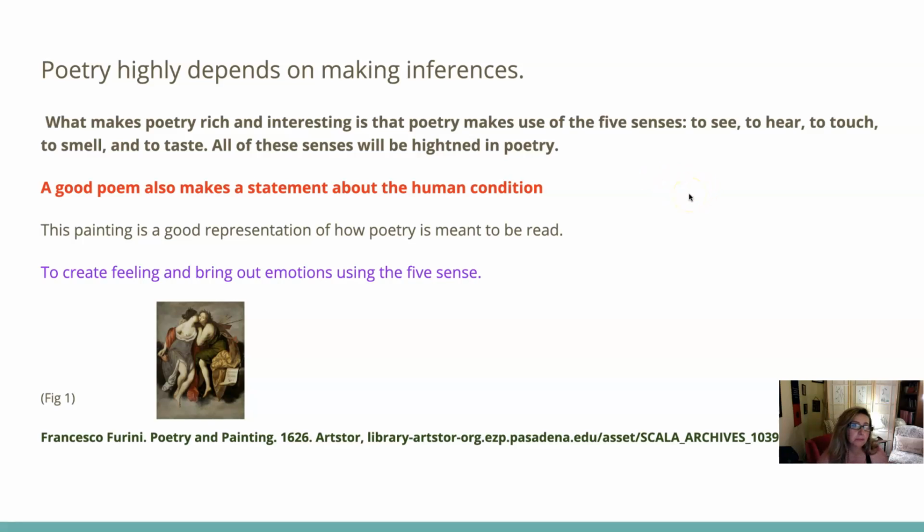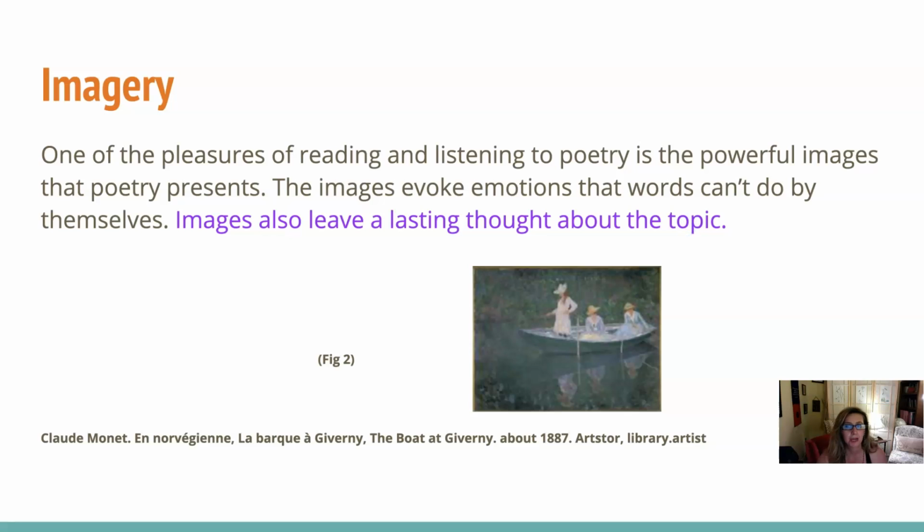So that's what poetry is supposed to do, is to bring out a great deal of emotion within you. And the emotion is supposed to say something about the human condition, whatever the context of the human condition is.